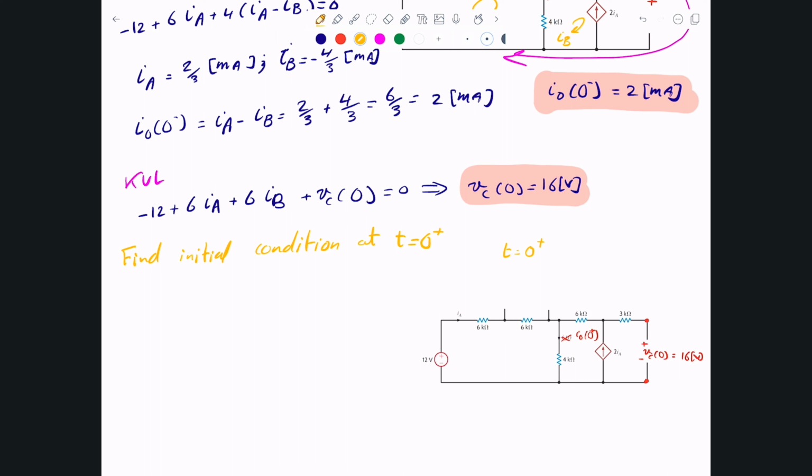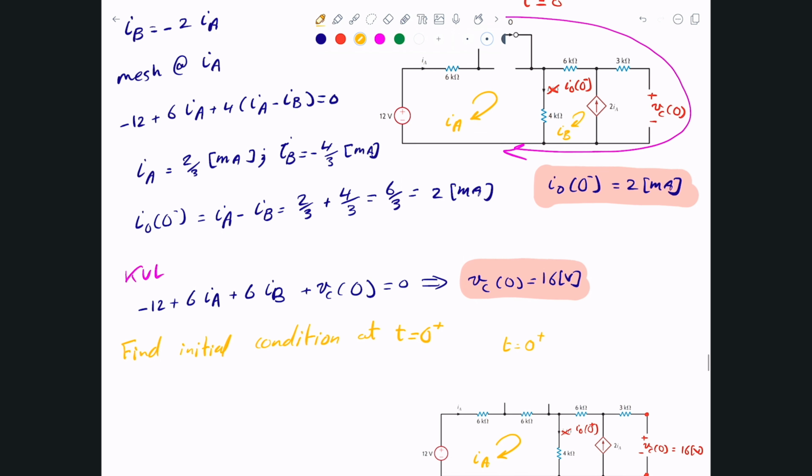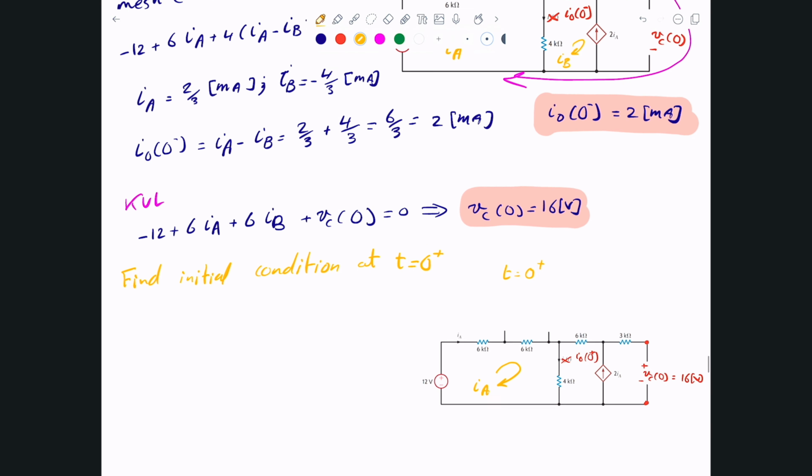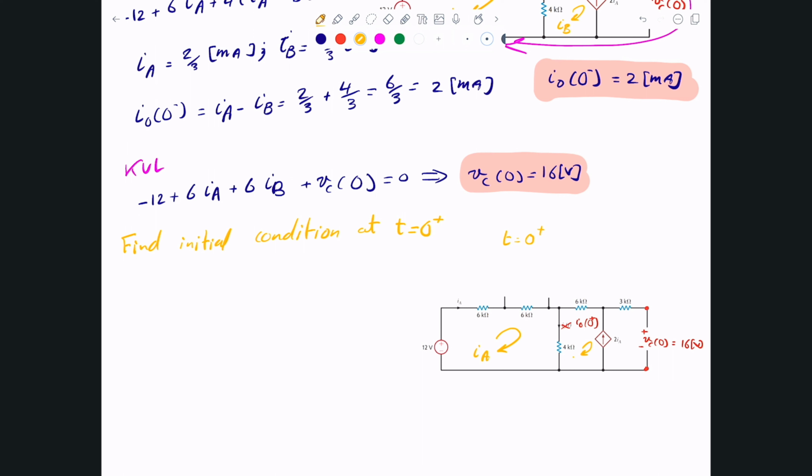Since I'm looking for current, I'm just going to be using mesh current. So what I'll have is I'll have this one here. We're going to call it I of A. This is different than the I of A and I of B that we've done before. You can call it I of A prime if you prefer. I'll just basically deal with it as if it's a new circuit. This one here is I of B, and we can technically write in here as I of C.